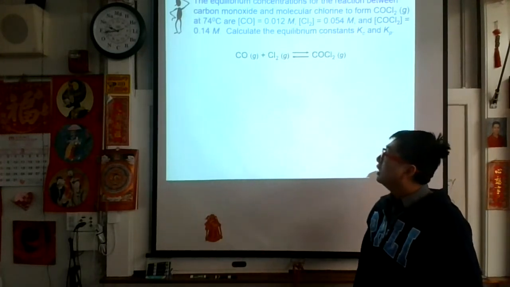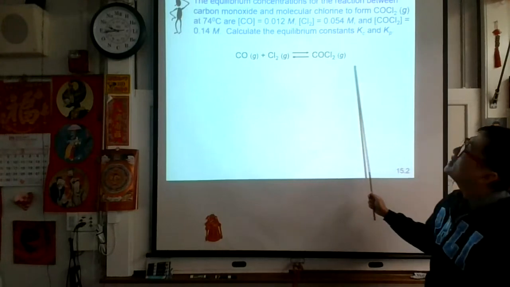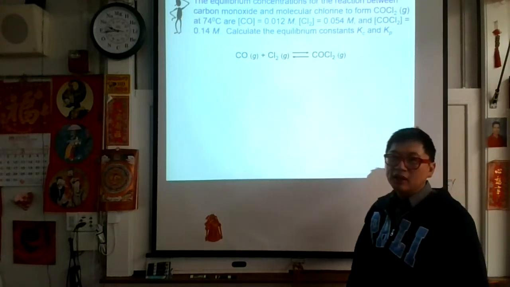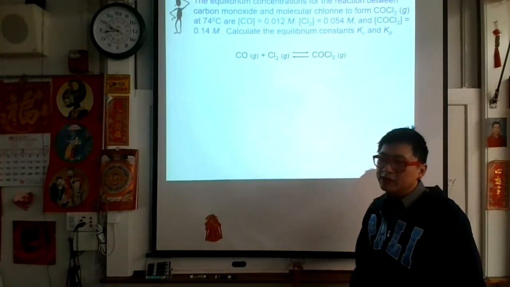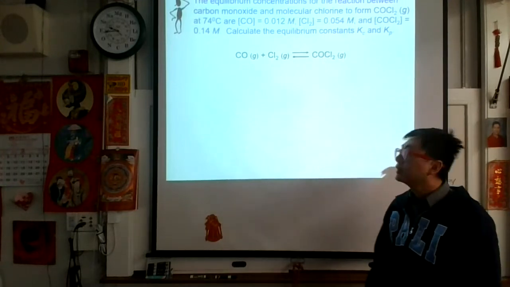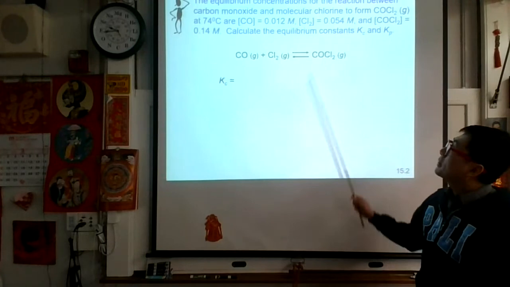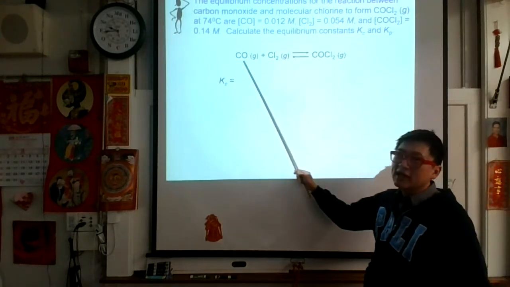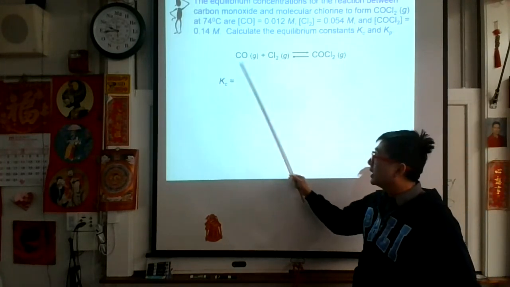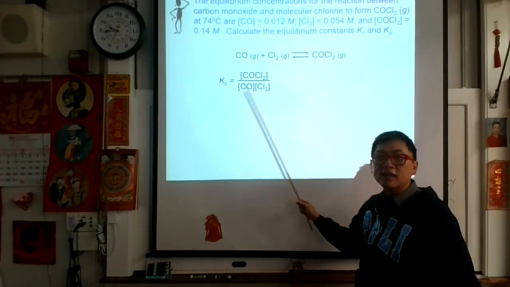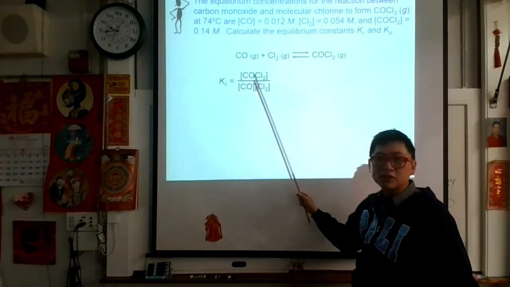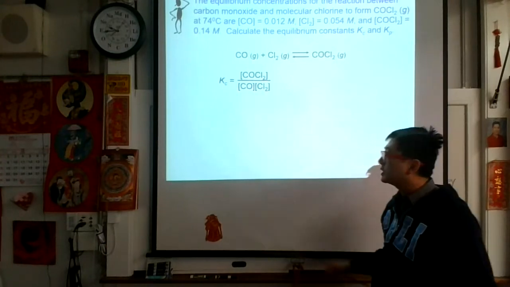Here's the equation. You would be given the equation on the test. Obviously, you're not going to have to write Kc and Kp without being given the balanced equation. We'll start with Kc: products over the reactants. These are concentrations, so that's why they're in brackets.